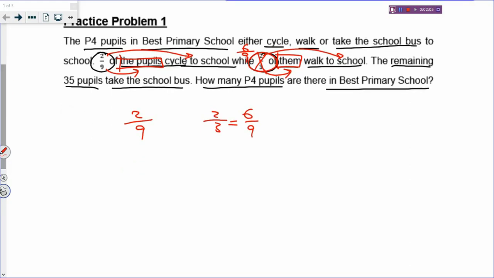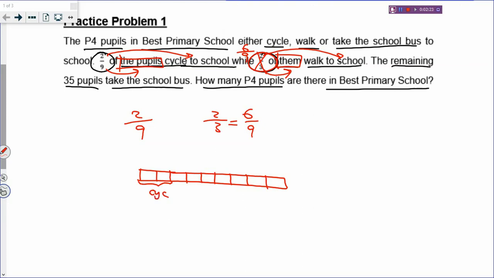If you look at the first sentence, there's nothing to draw. But if you look at 2/9 of the pupils cycle to school, you have a rectangle, cut this rectangle into 9 boxes. So 4, 5, 6, 7, 8, 9. And 2 boxes cycle to school.